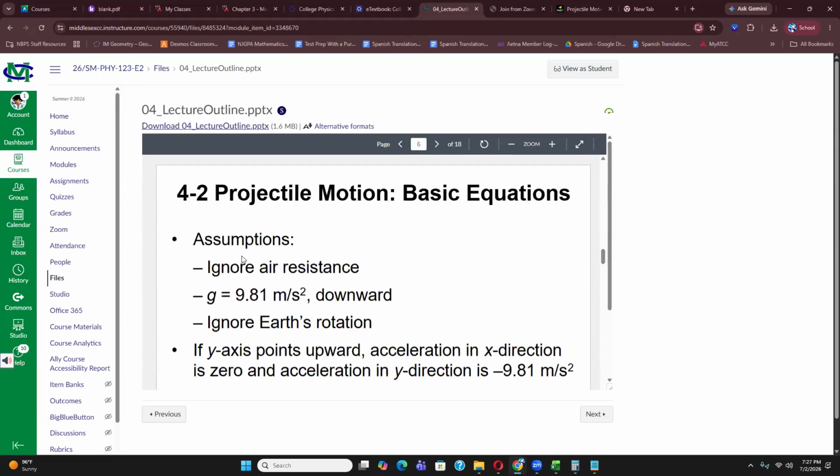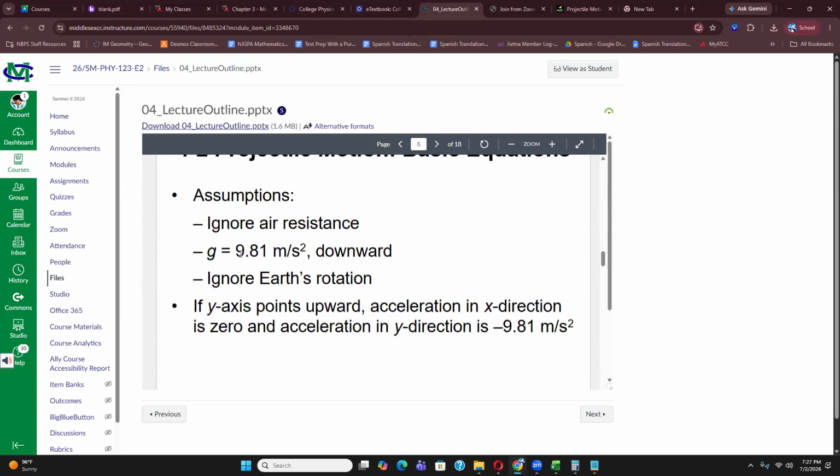So here are the assumptions, right? We ignore air resistance. Gravity is 9.81, we can just say 9.8, so it goes downward. We also ignore air rotation. That's okay as well.